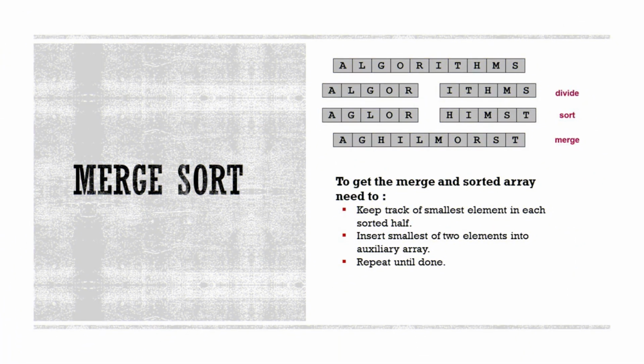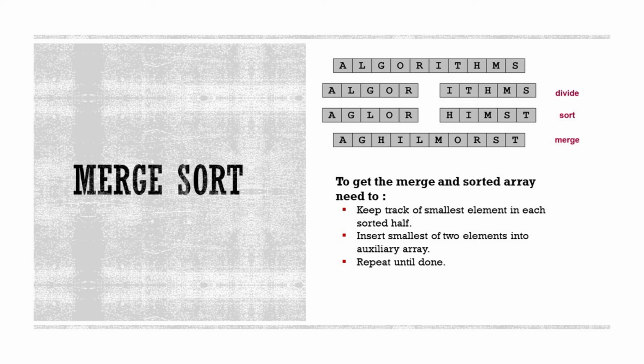And then we take a look at the diagram. We have an algorithm to sort. So the second row divides into two halves, and then each half will be sorted in their halves, and then it will merge together.